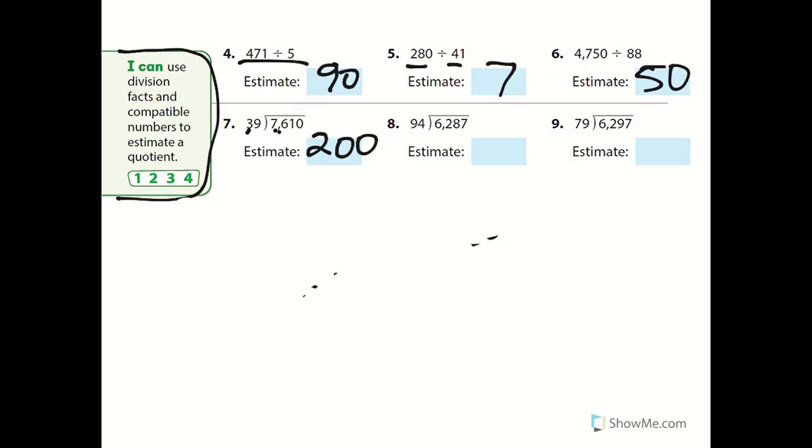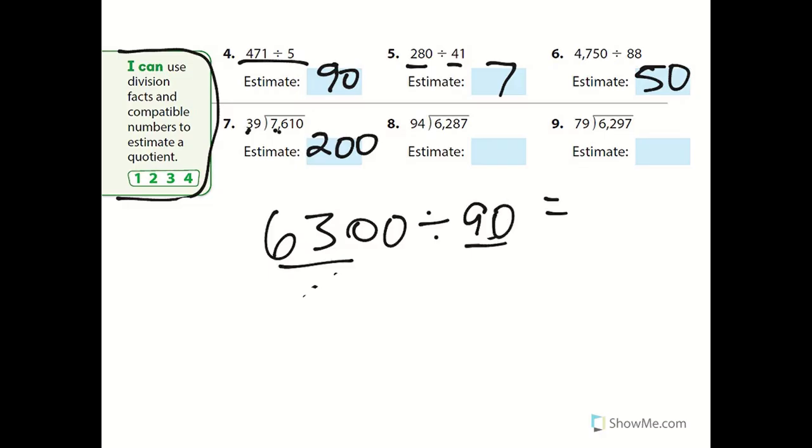All right, well, I can think of 6,300 divided by 90, because 63 divided by 9 is 7, and 2 zeros minus 1 zero, we've got 1 0. And that's really the only one close.